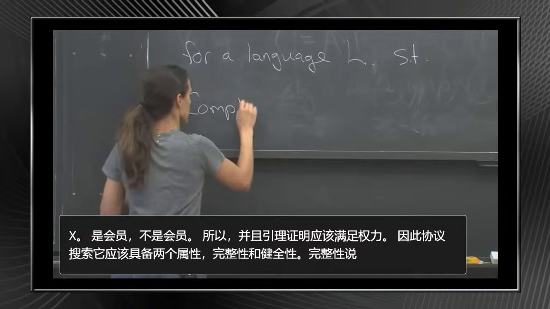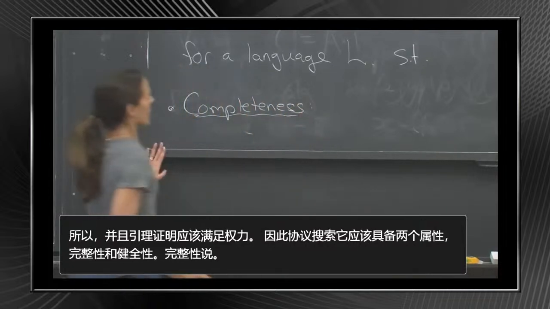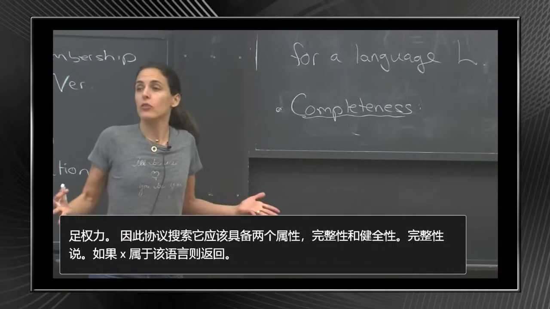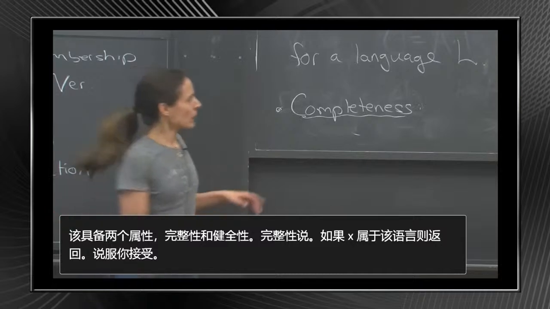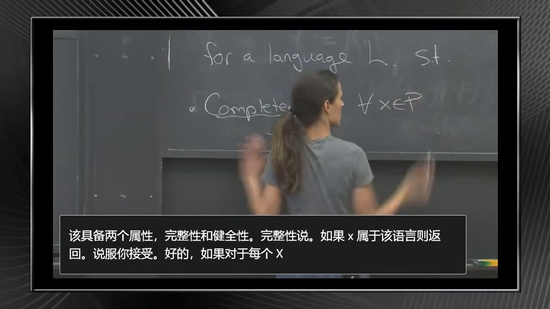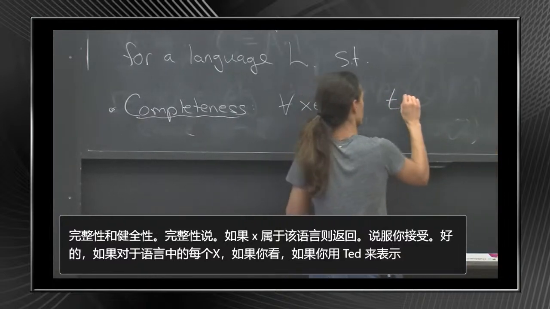Completeness says that if X is in the language, the prover should convince you to accept. So for every X in the language, denote by T the transcript.